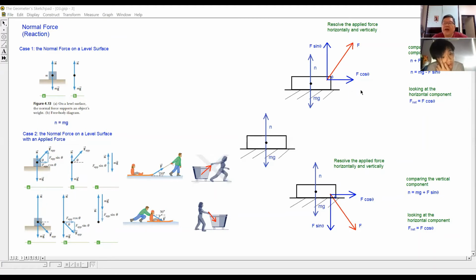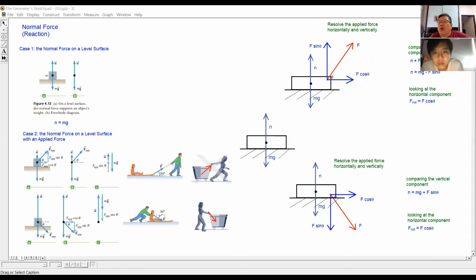When you resolve the red color force into the two blue colors, the red color one no longer exists. I have exchanged my $1 note with two 50-cent coins. So now these two 50-cent coins are actually my F sine theta and F cos theta.